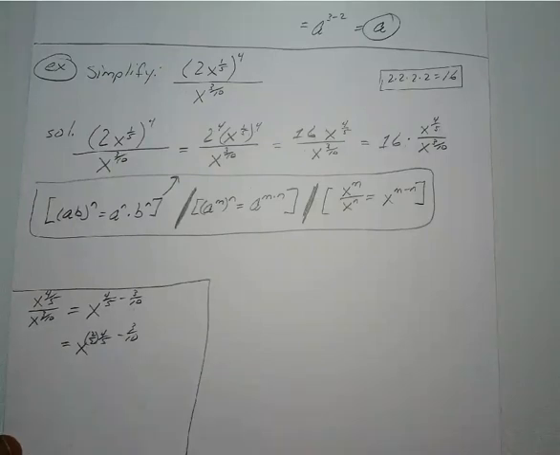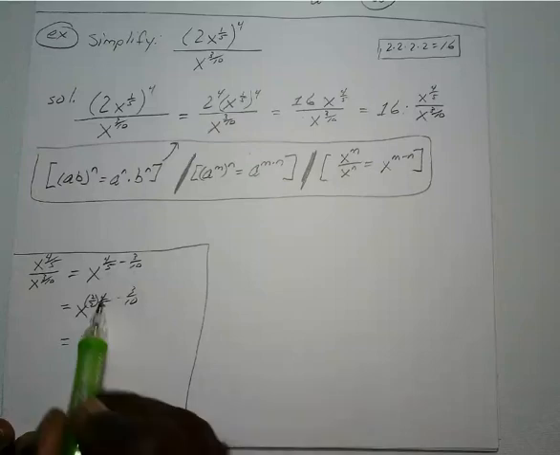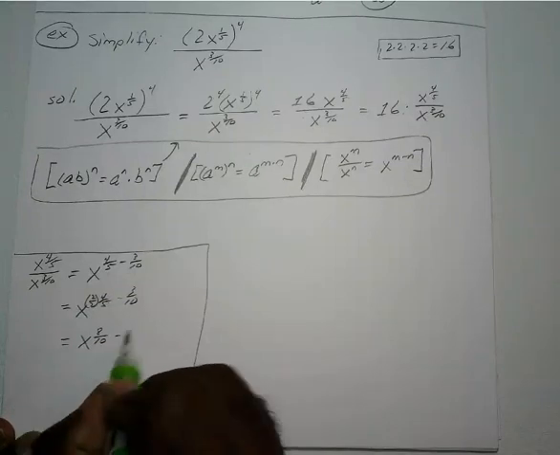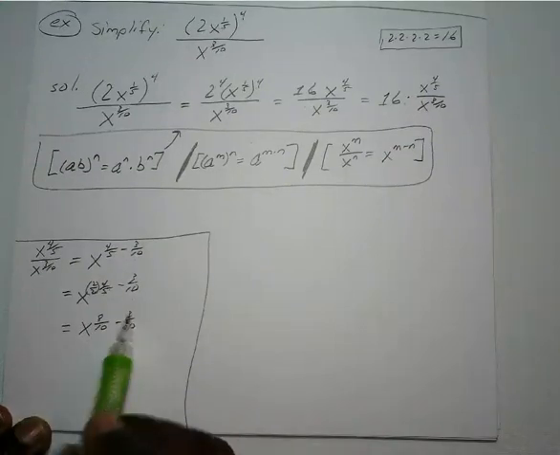Okay, so that's going to equal x to the 2 times 4, which is 8, over 2 times 5, which is 10, minus 3 over 10. Okay, so 8 minus 3 is 5, so that gives us x to the 5/10 power. And 5 divided by 10 is actually 1/2.